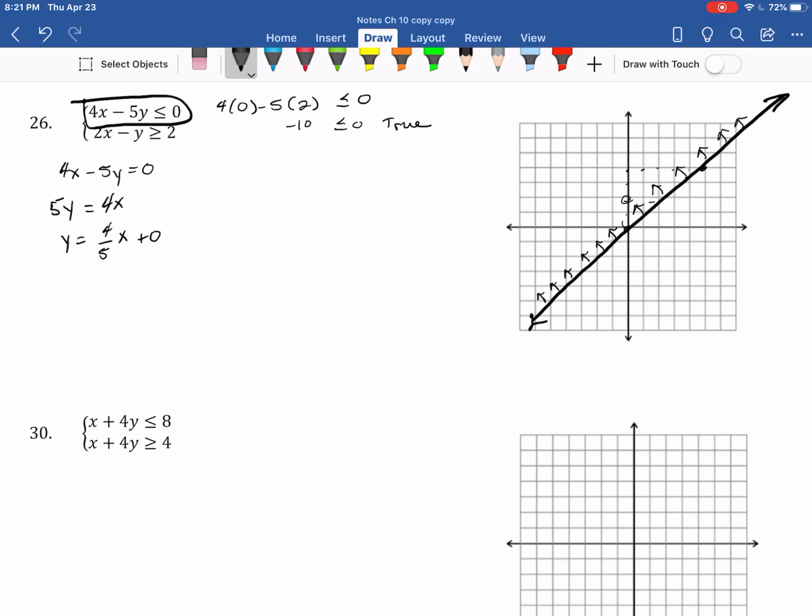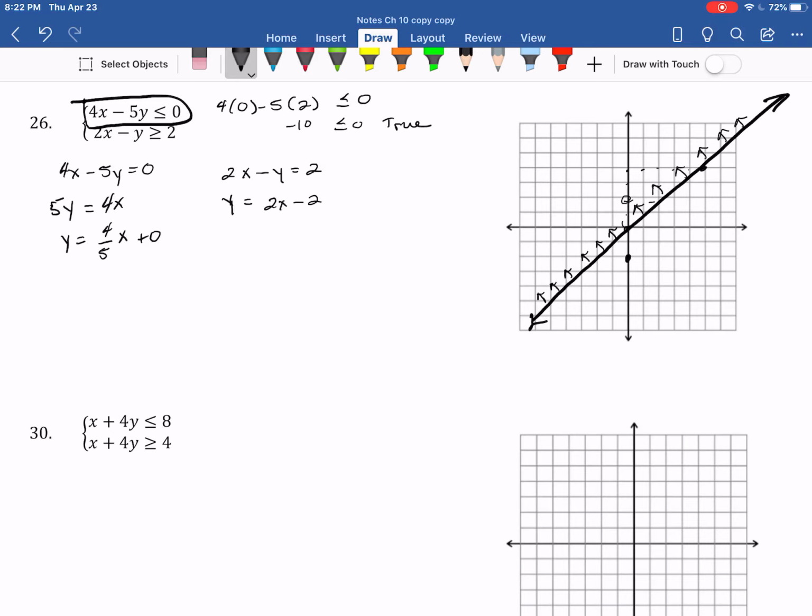Makes sense. Now I have to look at the bottom inequality. If I were to write that with an equal sign, I'm only doing this to see what the graph looks like. This is a linear equation. I get y is equal to 2x minus 2 when I get that y variable by itself. So in this case, my y-intercept is at negative 2. Put a point down there.